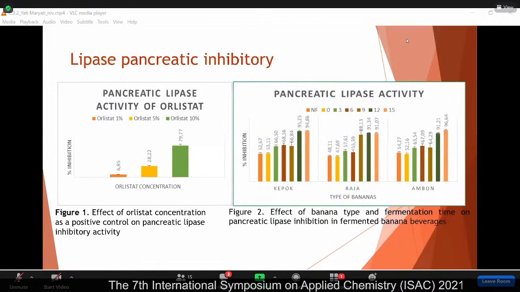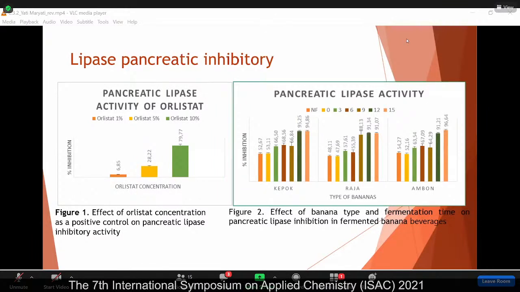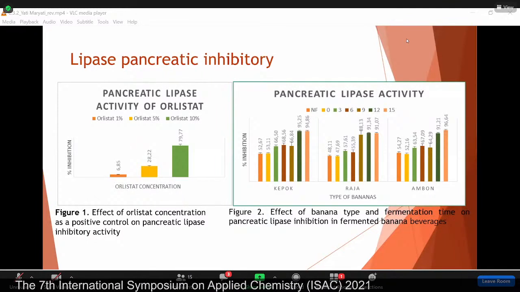The following shows in figure 1 the effect of orlistat concentration as a positive control on pancreatic lipase inhibitory activity. Here we saw three concentrations, 1%, 5%, and 10%.